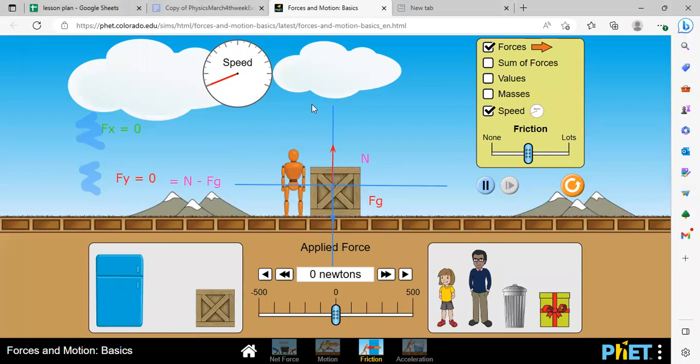Okay? Let's draw that. So, tinutulak mo siya papunta doon. Pero hindi siya gumagalaw kasi may friction. Magaspang yung baba.